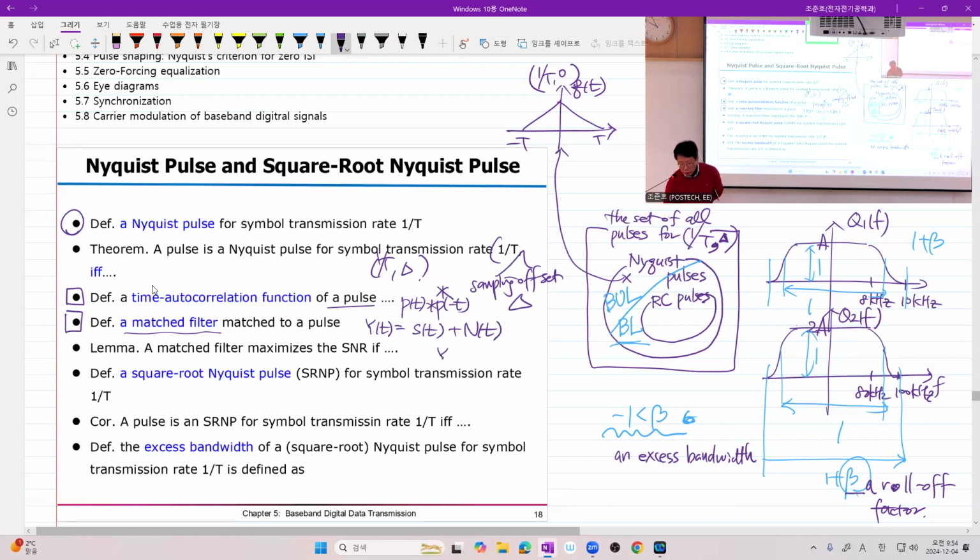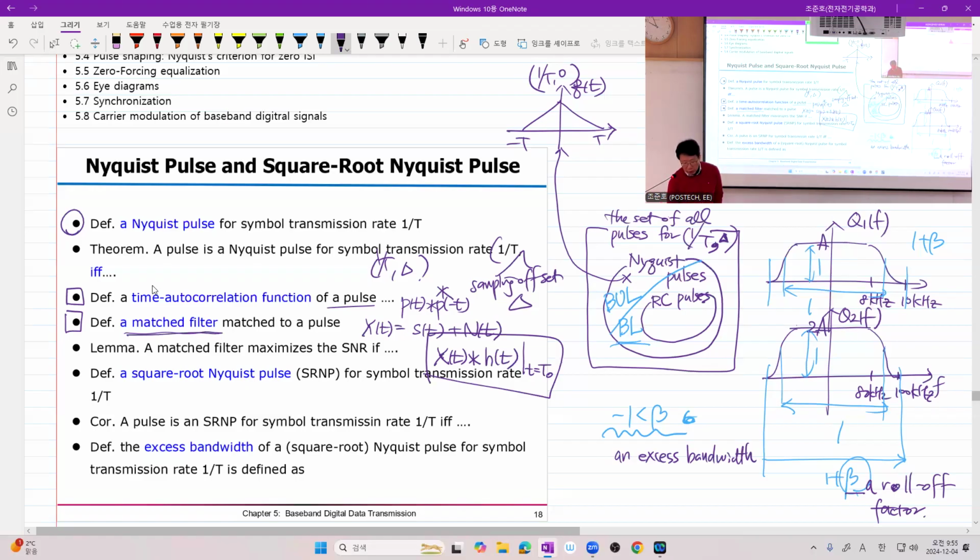Let me call it X. What you want to do is filter it with some impulse response H of t and sample at some t0. And after linear time filtering and sampling at t0, you have the signal part filtered and sampled and the noise part filtered and sampled.